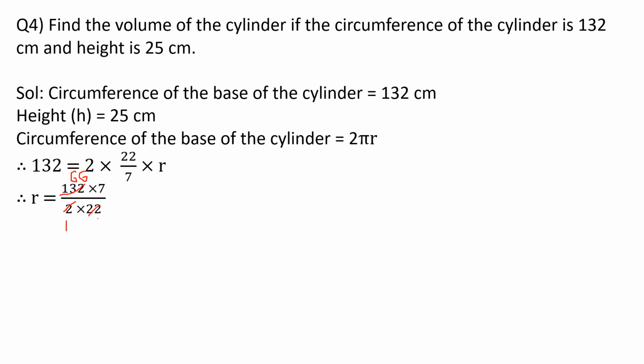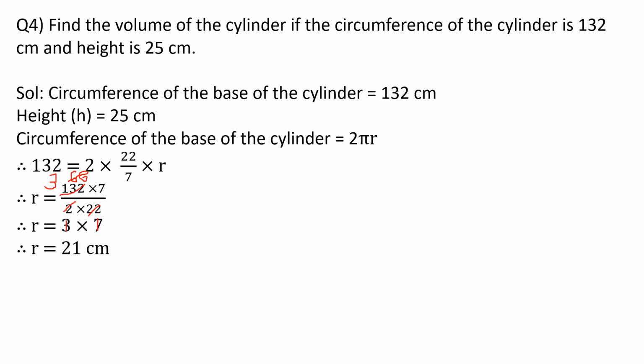So 22 ones are 22 and this 66 will cancel and you will get 3 right here. So r is equal to 3 into 7. Therefore radius is equal to 3 sevens are 21. So you'll get 21 centimeter radius.